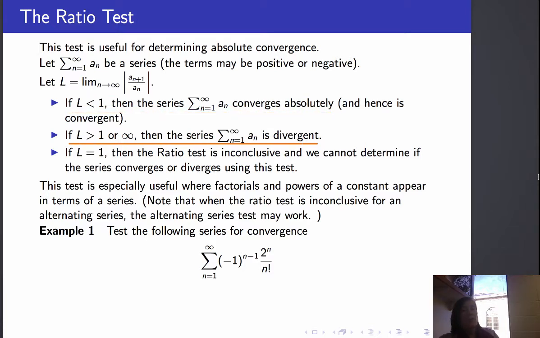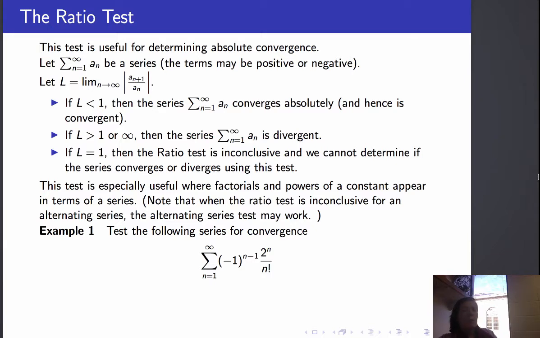If L is greater than 1, or infinity, then I know that the series diverges. And if L is equal to 1, then this test is inconclusive, and I can't figure out whether the series converges or diverges using this test. The test is very useful when you have factorials and powers constant appearing in the terms of your series.